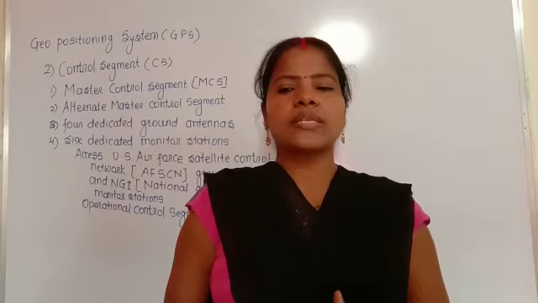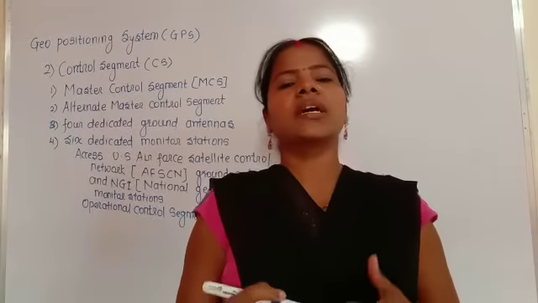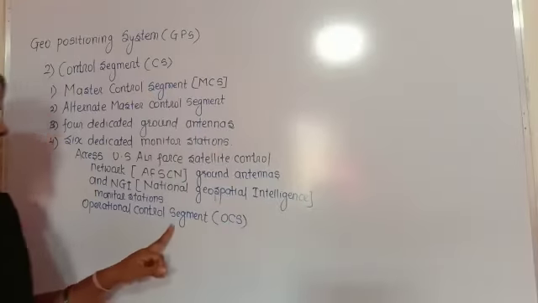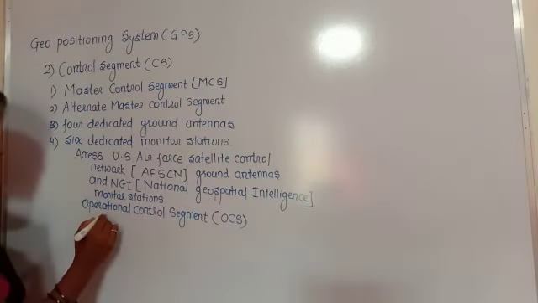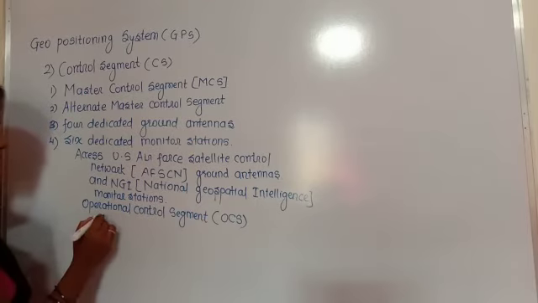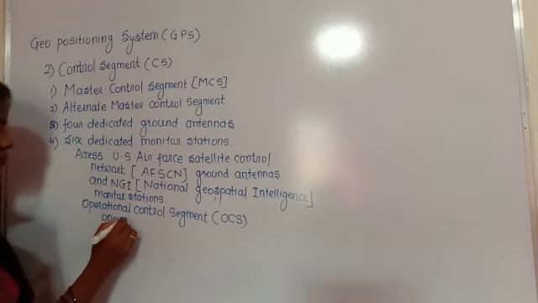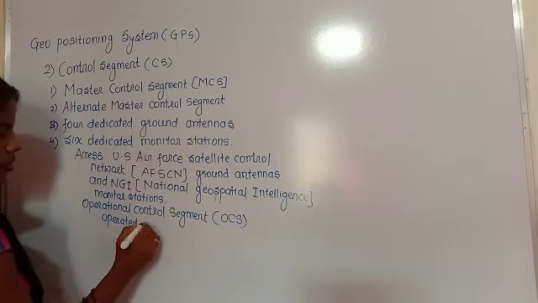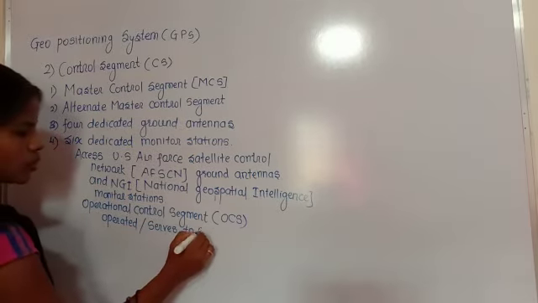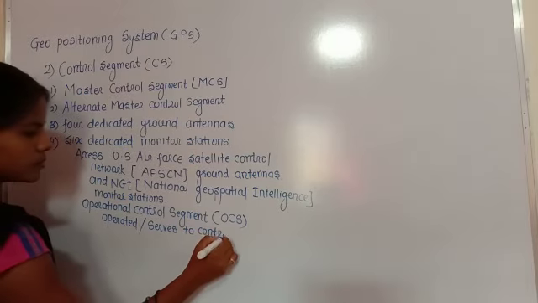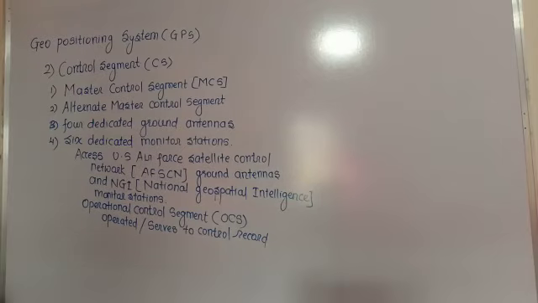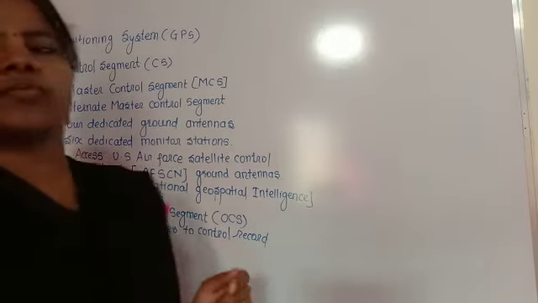The operational control segment currently serves as the control segment of record. Okay, this is the functioning of OCS. It serves as the control segment for the record.